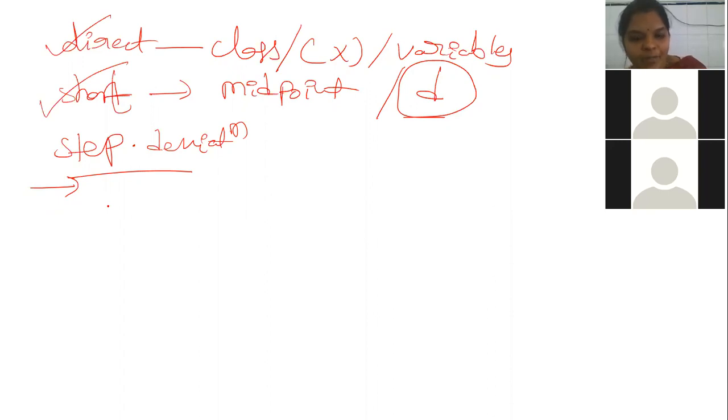Common factor. What is it telling us? Generally our data is having some, what are those?